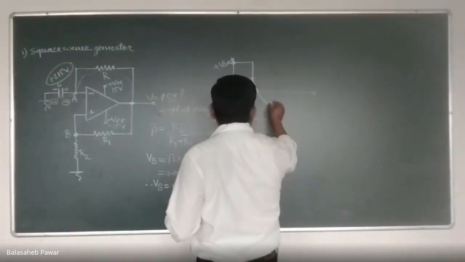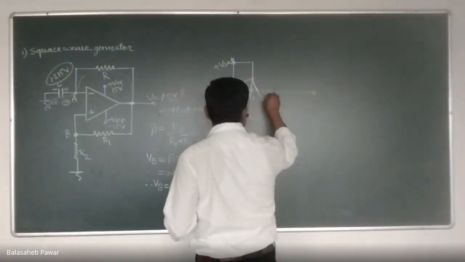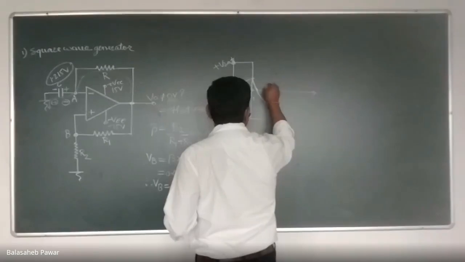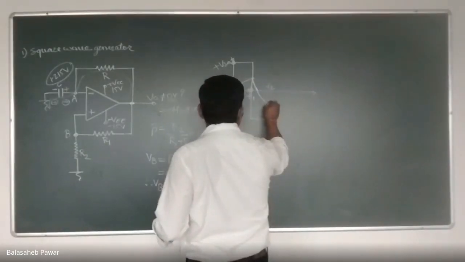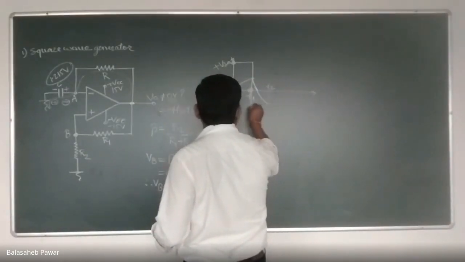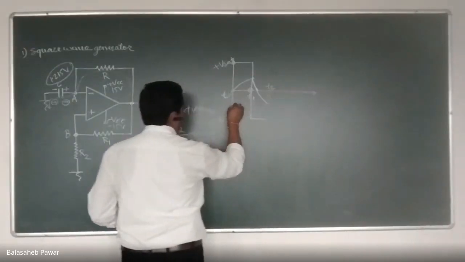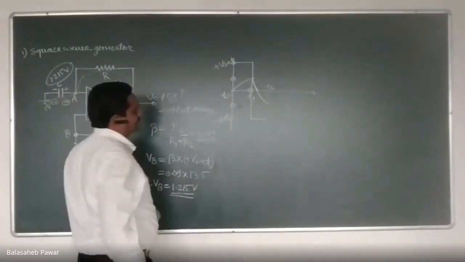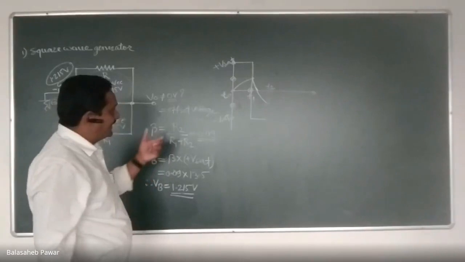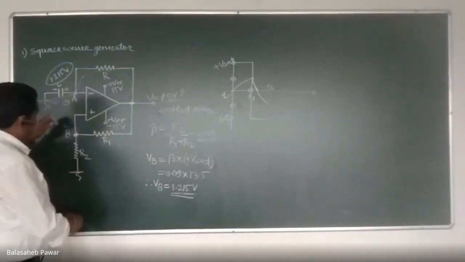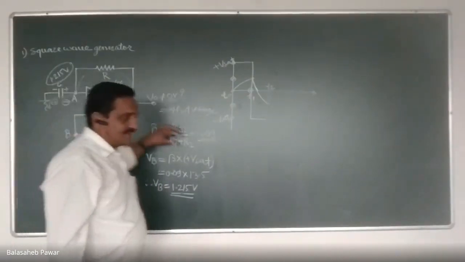Suppose this happens at time T2. At t equals T2, the capacitor voltage becomes minus 1.215.